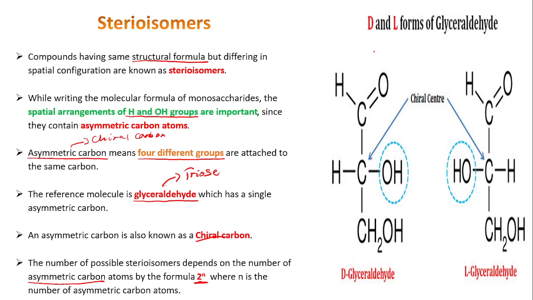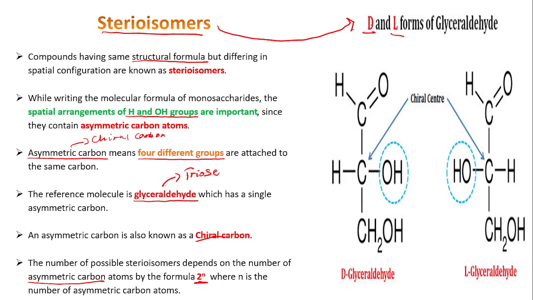If you observe very well, I've written the D and L forms of glyceraldehyde. Stereoisomers lead to the formation of two types of isomers: one is the D isomer, and two is the L isomer. We are going to look in detail at what happens to this molecule for it to be called a D isomer or an L isomer.